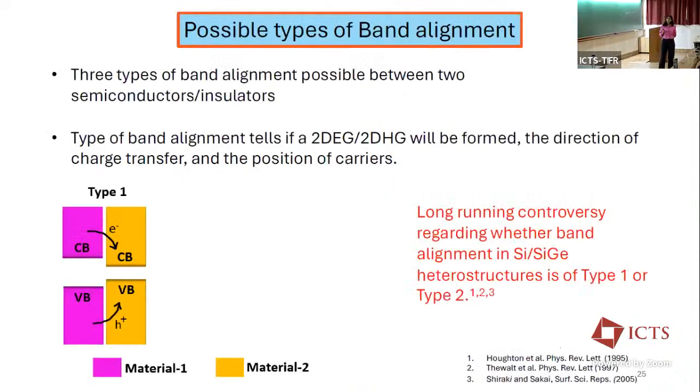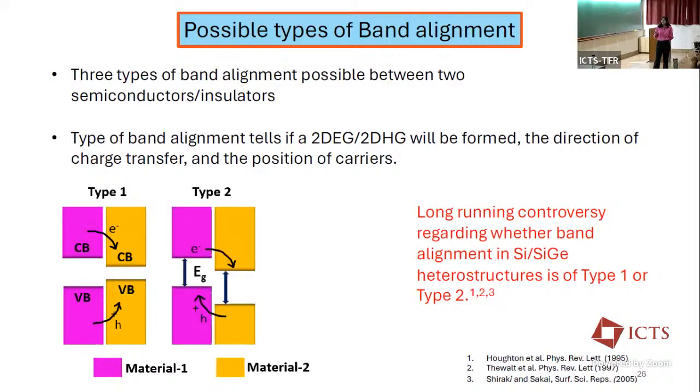So what could be the possible types of band alignment between two materials? There are 3 types possible. One is type 1, where this is material 1 in magenta and in orange you have material 2. You have the conduction band edge of the first material higher than that of the second, and this is the placement of the valence bands, so a charge transfer is possible like this.